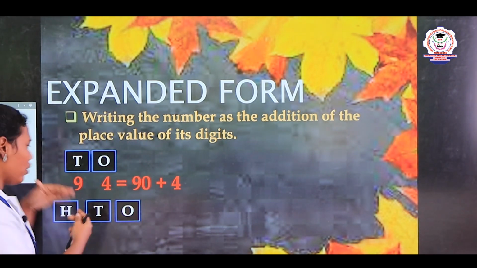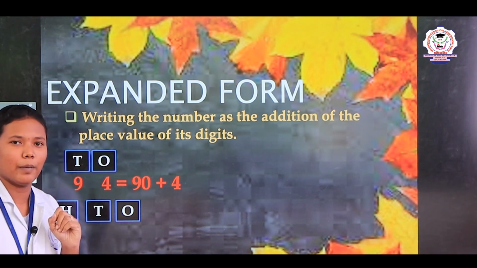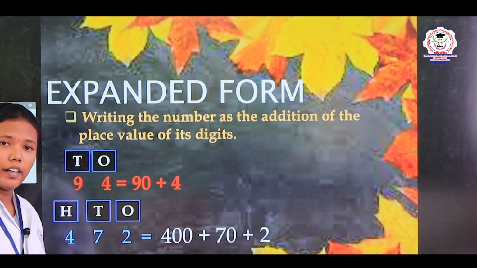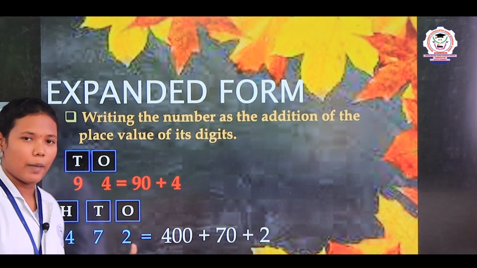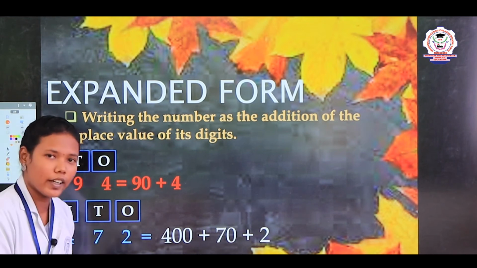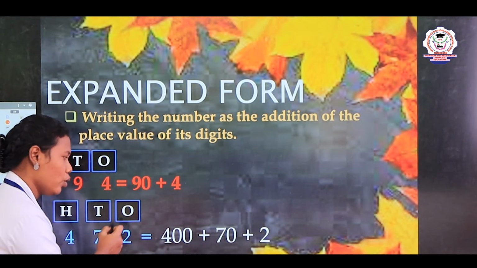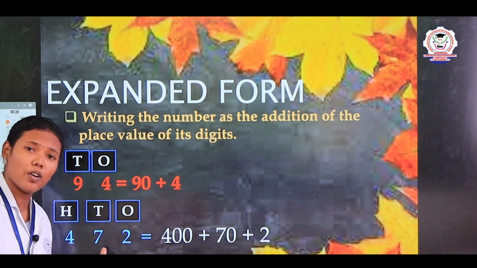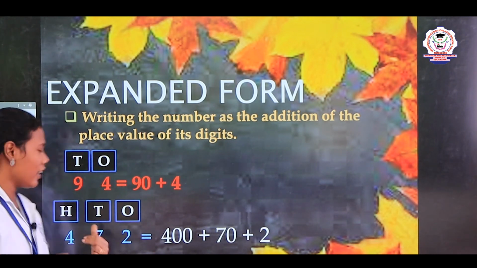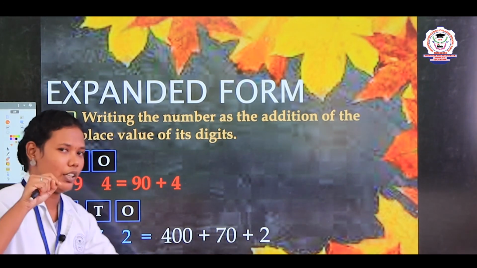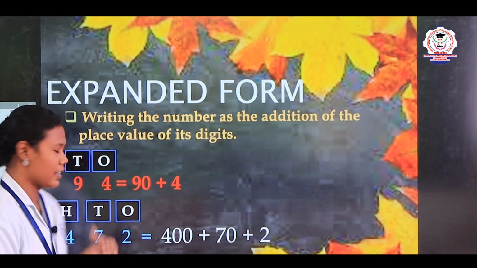Okay, children, now we will move on to a 3 digit number. Okay, so our 3 digit number is 472. Here we have ones, tens and also hundreds. As I told you, for ones there is no 0. For tens, how many 0? Only 1 zero, right? So for tens, 7 we will take and write, and we will put 1 zero, as it is a tens place.